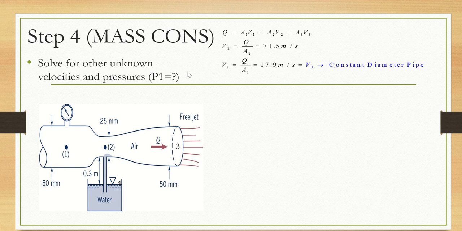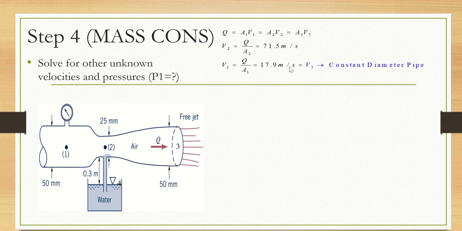So now I can solve for my velocity 2 and my velocity 1 because I know Q. I know that Q for mass conservation is A1V1 equal to A2V2 is equal to A3V3 for steady state conditions. So this allows me the opportunity to solve for V2 being Q over A2 and V1 being Q over A1. I note that V1 is also 17.9 meters per second, which is identical to V3.